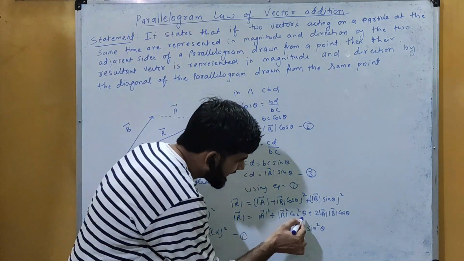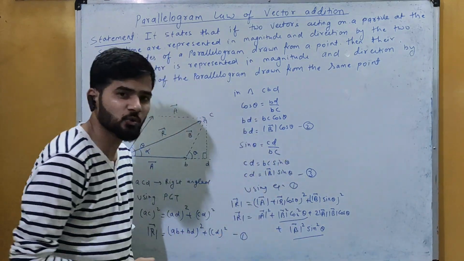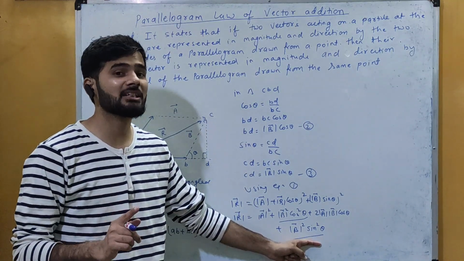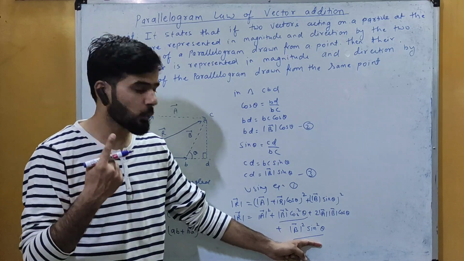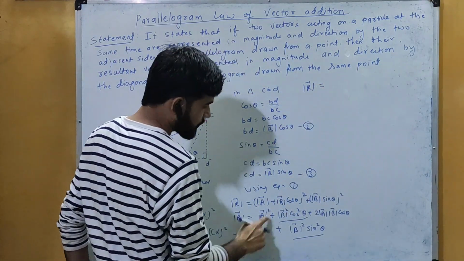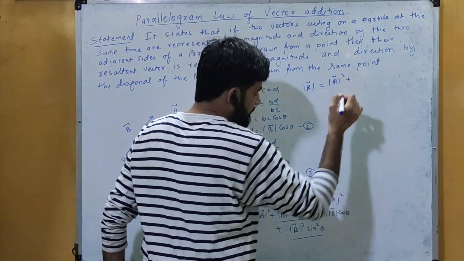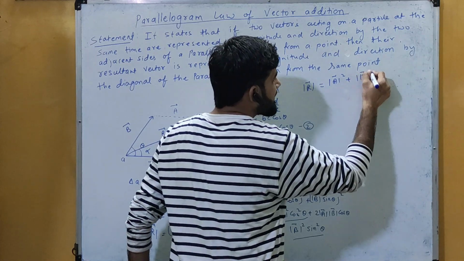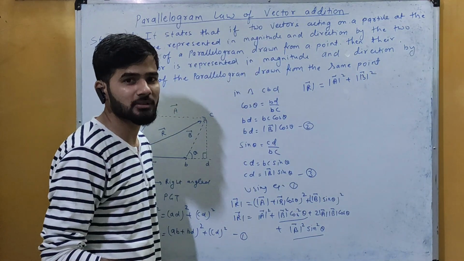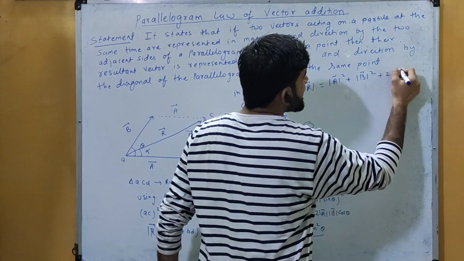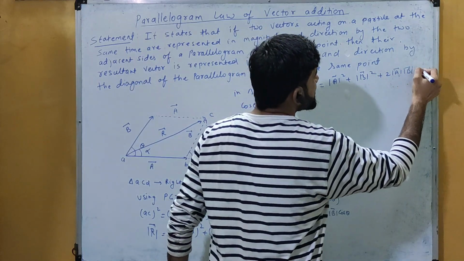Okay, now here you can see if I take common B square from these two, I will get sin square theta plus cos square theta, and we know that sin square theta plus cos square theta is equal to 1. So I can write here this vector R is equal to A square plus, here I have taken B square common, so it was B square and cos square theta plus sin square theta, that was equal to 1, plus 2AB cos theta.